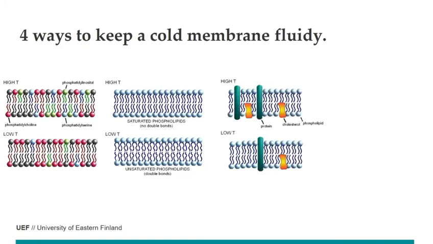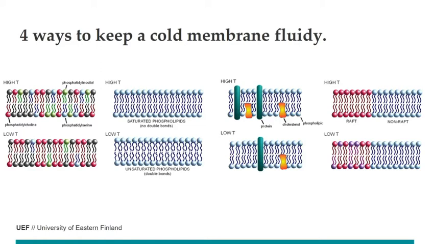Then we can affect the amount of cholesterol. With a little less cholesterol, we can get it more fluid, but also in high temperatures we need cholesterol to support the membrane. That's why in mammals we have quite a high cholesterol content in some membranes. And then the fourth way, which is a little more difficult, is that our membranes are not homogeneous.